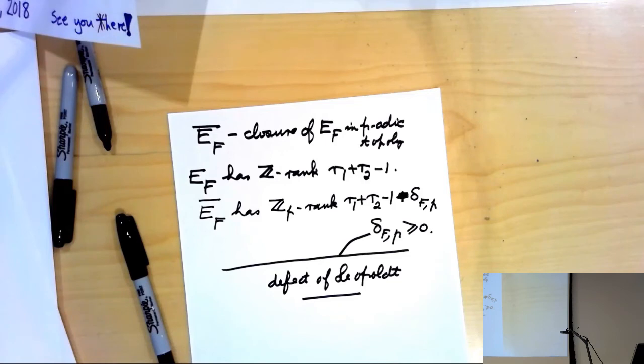This is Iwasawa's theorem, which is why we call it the weak Leopoldt conjecture. In the rest of my lectures, I'll be explaining how he proves that. For the cyclotomic ZP extension, of course, it should be true for every ZP extension, but we don't know how to prove it. Thank you.